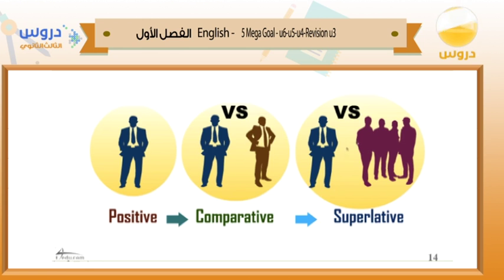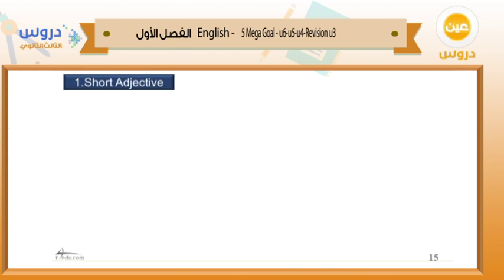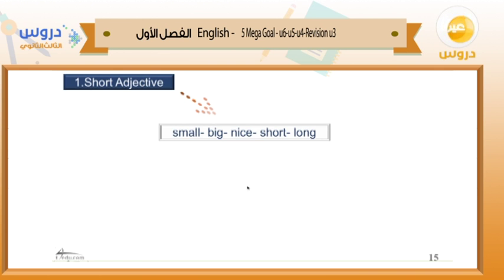So this is the meaning of superlative. What about short adjectives? Let's start with short adjectives, for example small, big, nice, short, long. As I told you before, the short adjectives small, big, nice, short, long consist of 1 syllable, so we call them short adjectives.